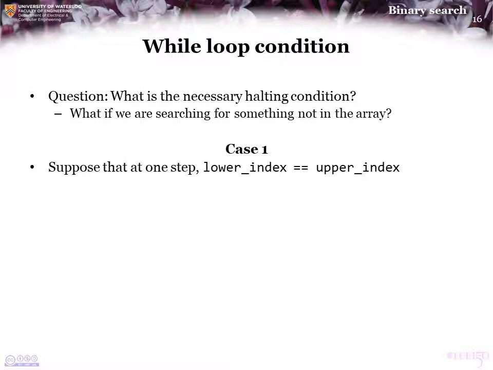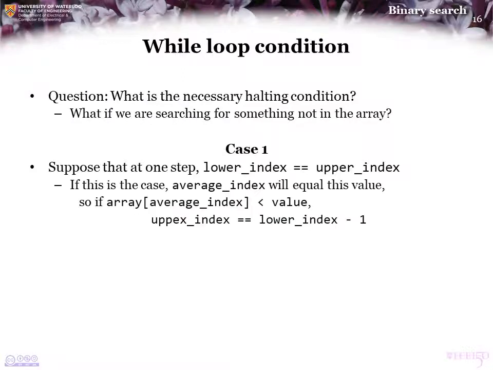Suppose that at any one step, it happens that lower index equals upper index while we were performing a search. Well, if this is true, then the average index will be equal to this value. And so if the entry at the average index is less than the value we're searching for, we will increase lower index by 1.